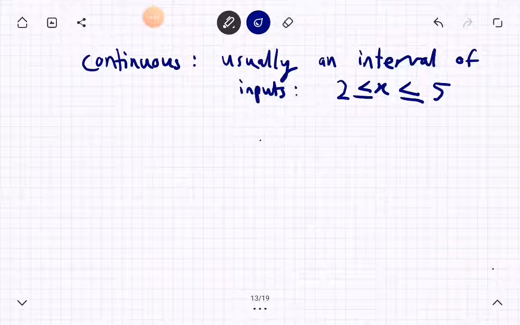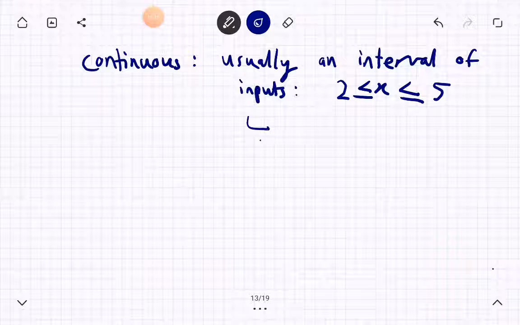And may I ask how many numbers are there between 2 and 5? You cannot count. There are just so many numbers, so many decimals. There is 2.5, 3.565, 7.32872. Whatever number that falls in the range is an input.